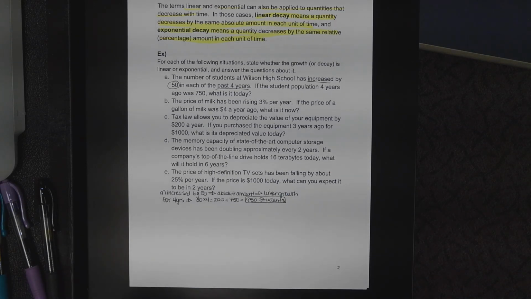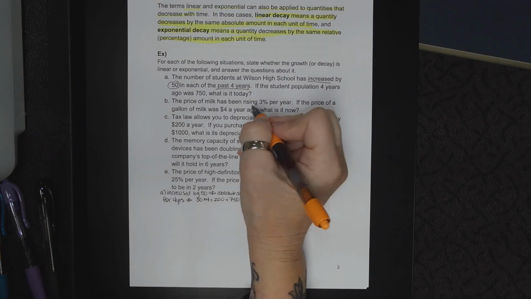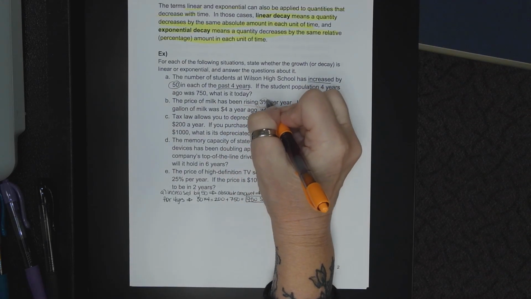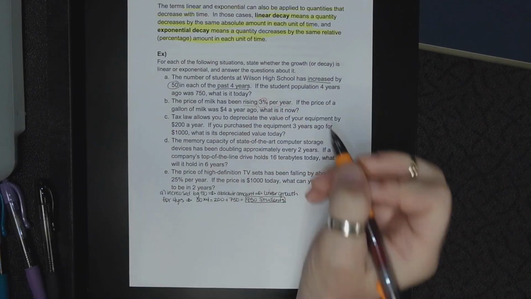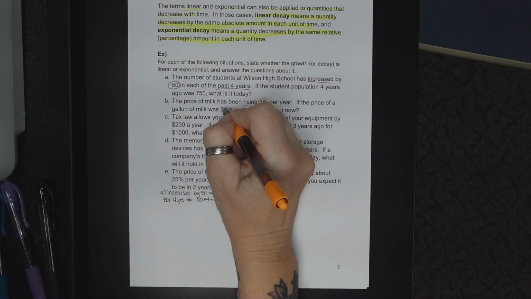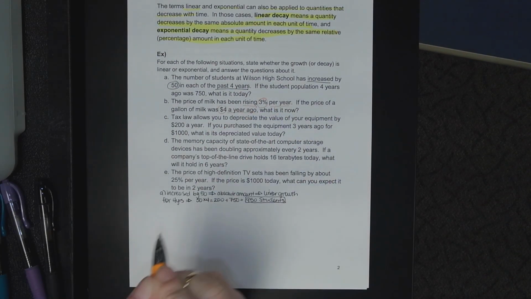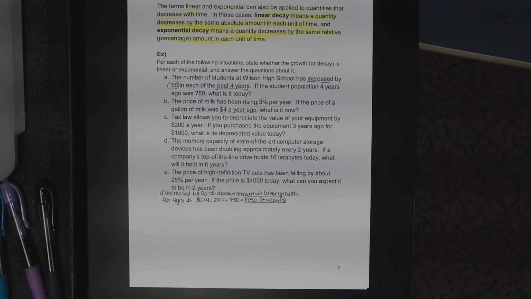So the price of milk has been rising 3% per year. If the price of a gallon of milk was $4 a year ago, what is it now? So it was rising by 3% every year. And it was $4 just a year ago. Right?